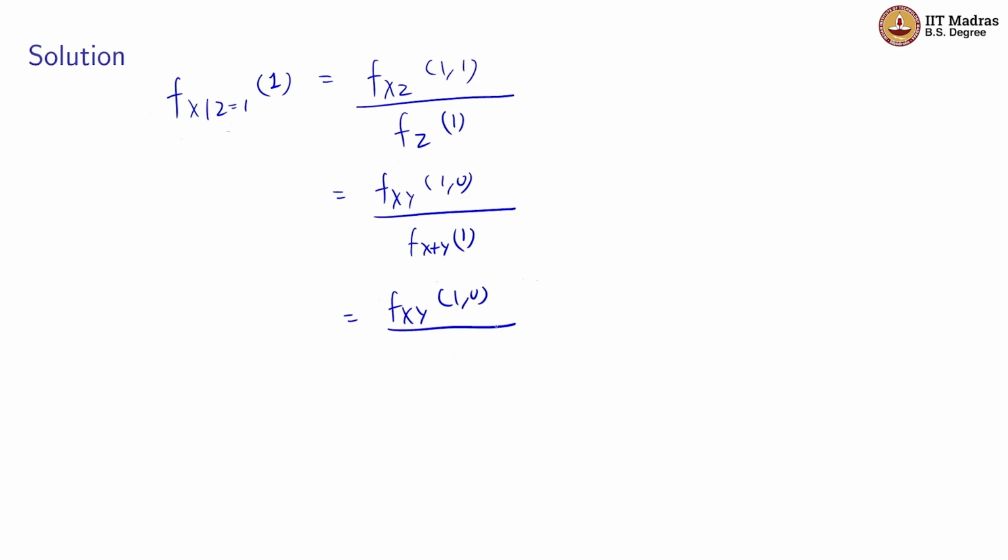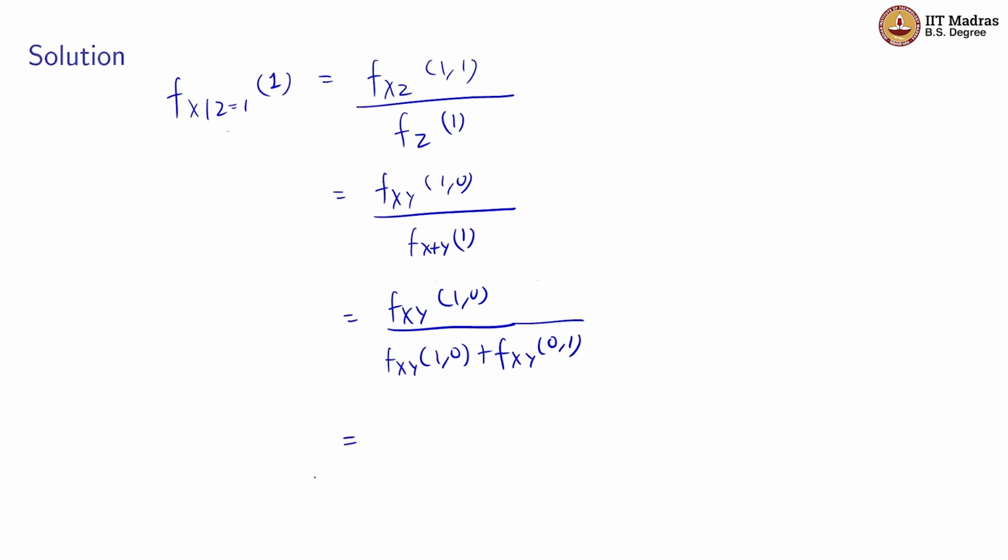And the probability that x plus y is equal to 1 will be equal to the joint probability x is equal to 1, y is equal to 0, plus the joint probability x is equal to 0, y is equal to 1.